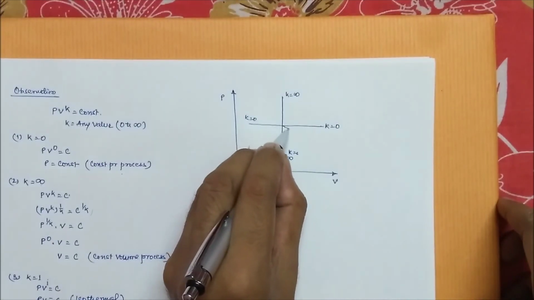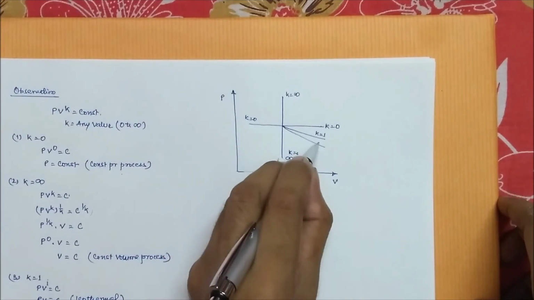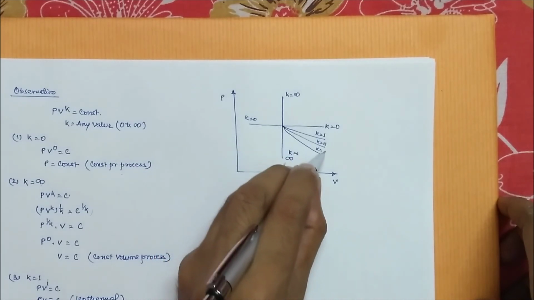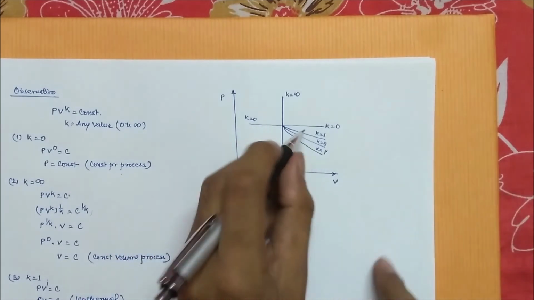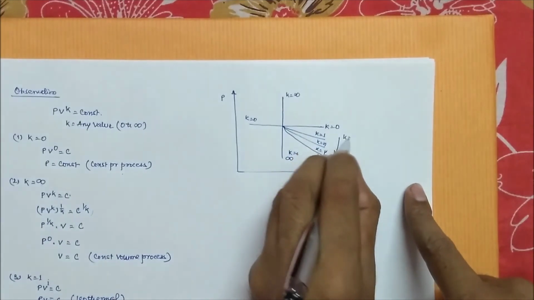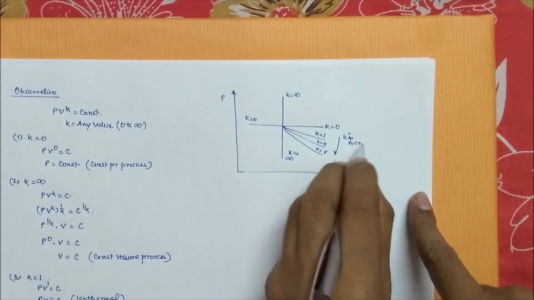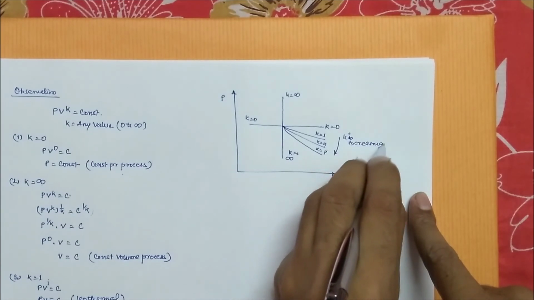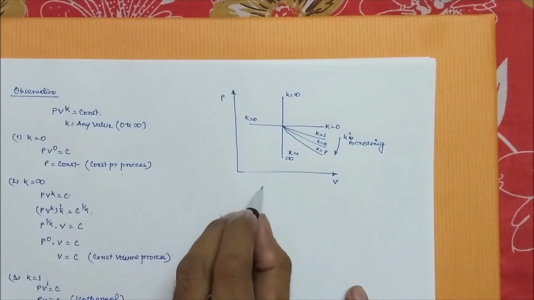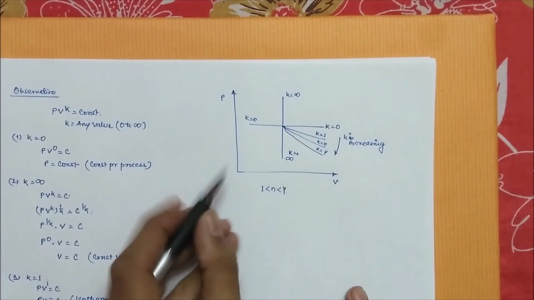Then we increase k to k equal to 1, k equal to n, k equal to gamma, right? This is the value of k increasing, because we know that n is always greater than 1 and less than gamma.